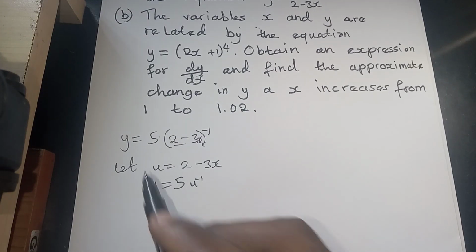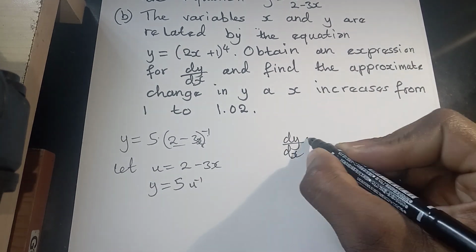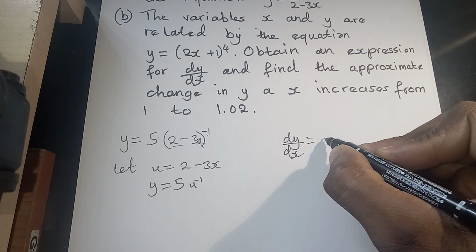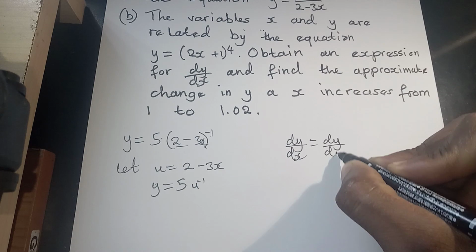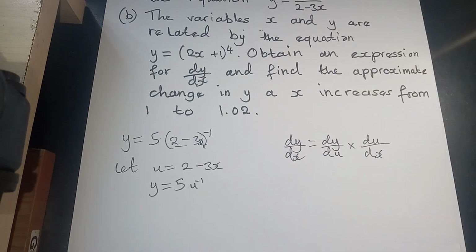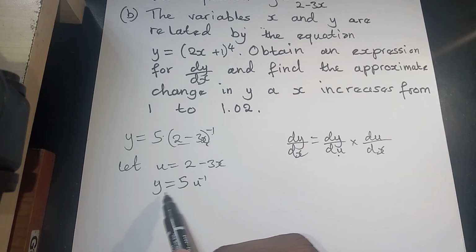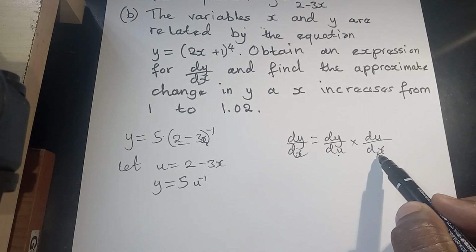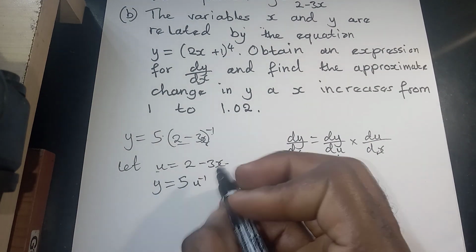So the chain rule states that dy/dx is equal to dy/du multiplied by du/dx. So all you need is your dy/du, which you can obtain from here, and your du/dx, which you can get from there. So let's find them.